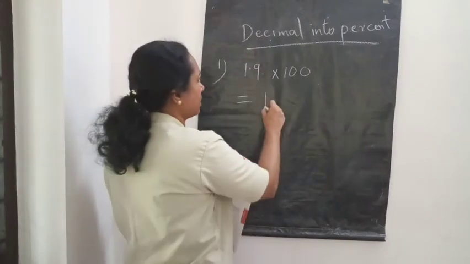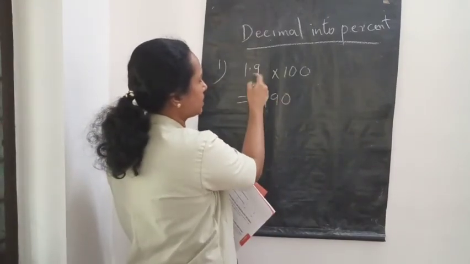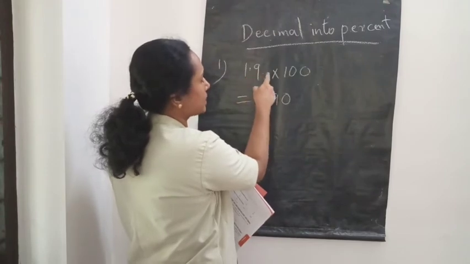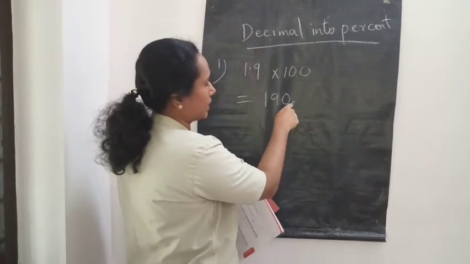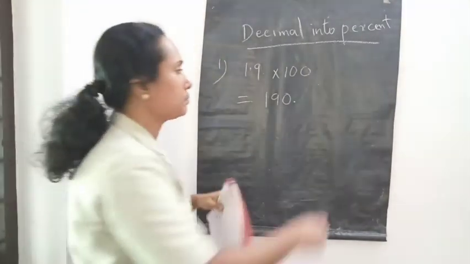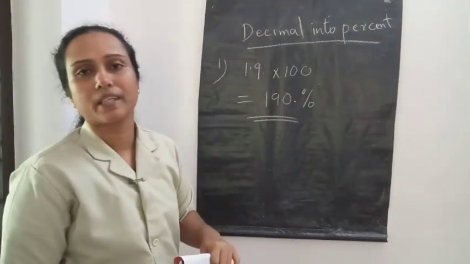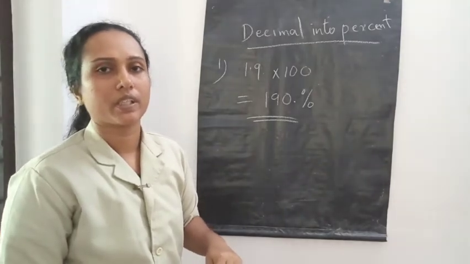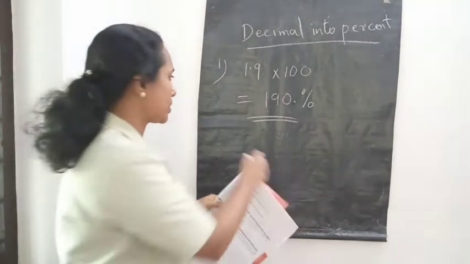Then we get 190, with the decimal point moved 2 places to the right. Then the answer is 190. Then put the symbol of percentage. Then the answer is 190 percentage. Okay. Then second question.